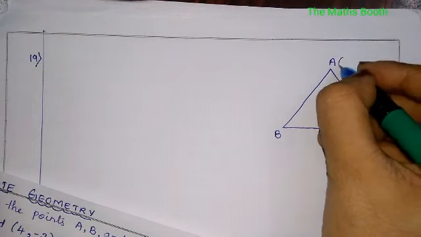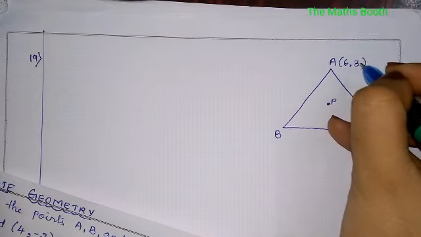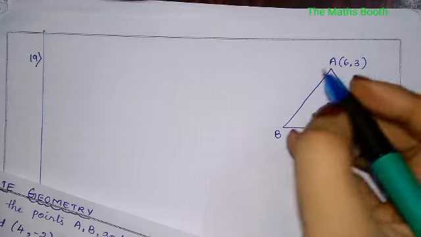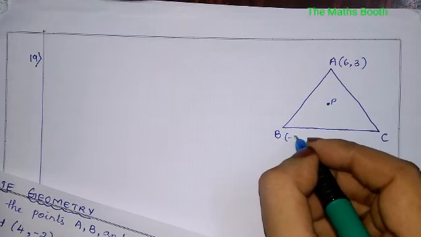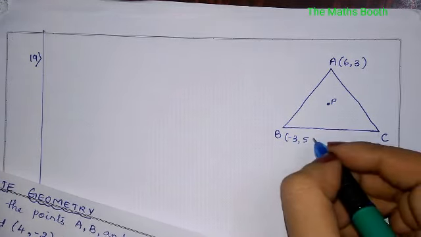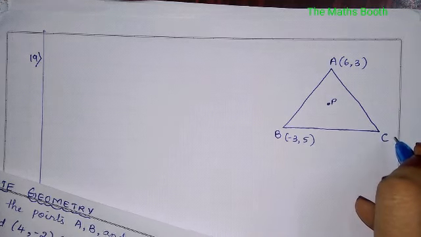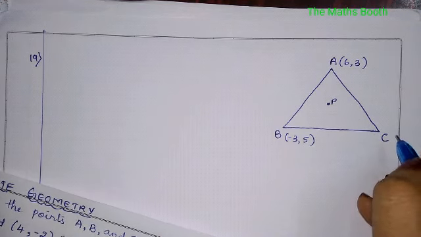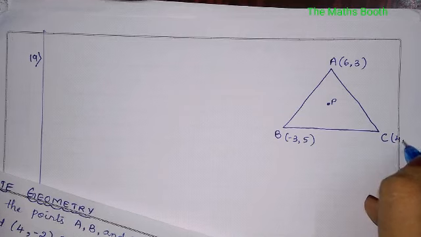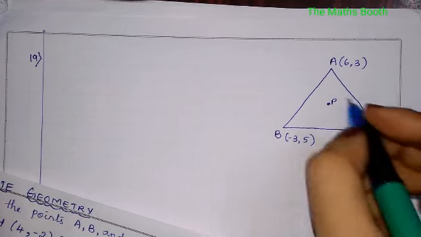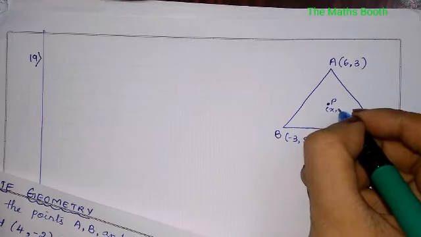A point is given (6, 3), it is mentioned in the question, and B point is (-3, 5), and C point is (4, -2). And P is nothing but (x, y).